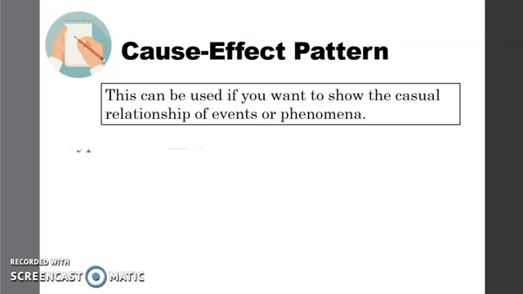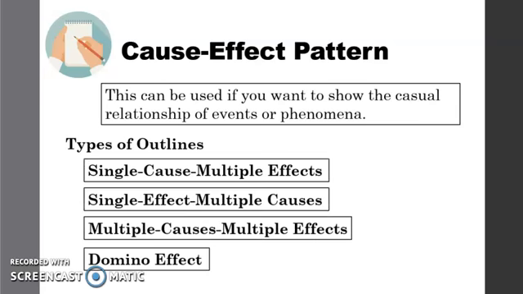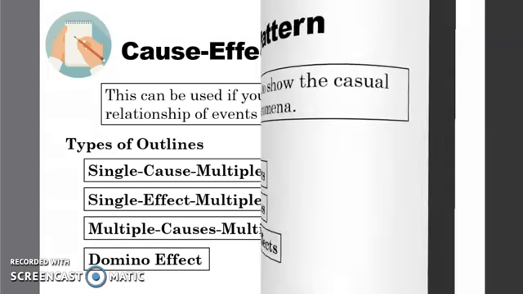Your outline may follow different patterns of organization depending on the relationship between the causes and effects of the events. But let me show you how each outline looks like. We have single cause, multiple effects, single effect, multiple causes, multiple effects, and the domino effect.